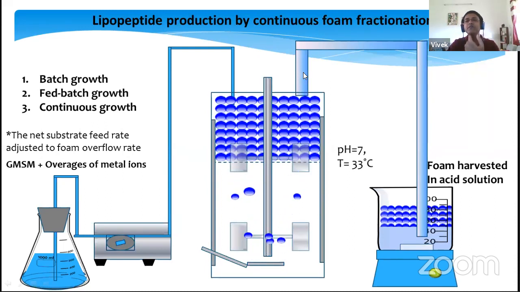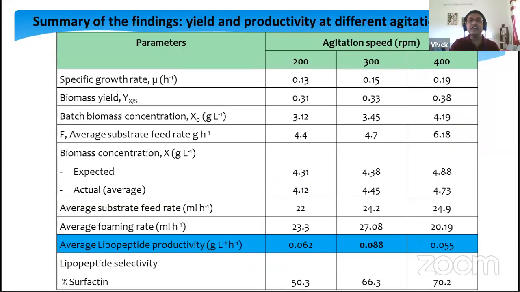Foam is nothing but a gaseous phase present in a continuous liquid phase. That presented us with a lot of challenge in establishing a continuous foam fractionation process, but we managed to achieve a sustained production of this product through foam fractionation.